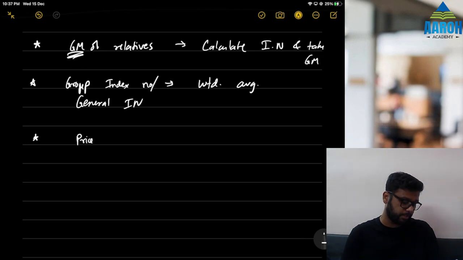Price index number. What is reciprocal of price index number? Purchasing power of money. Correct. Purchasing power.